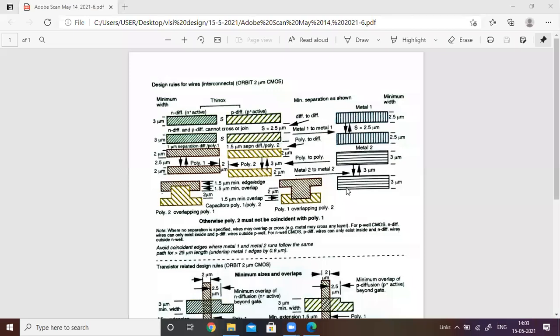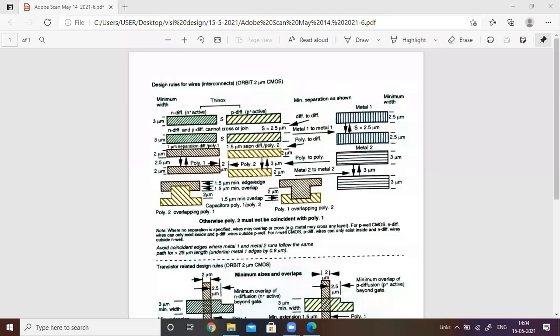As the technology advances, the size of the transistor goes on decreasing, that means the length decreases, to 2 micrometer and 1.2 micrometer. The separation between P diffusion to P diffusion and N diffusion to N diffusion is a minimum of 2.5 micrometer.